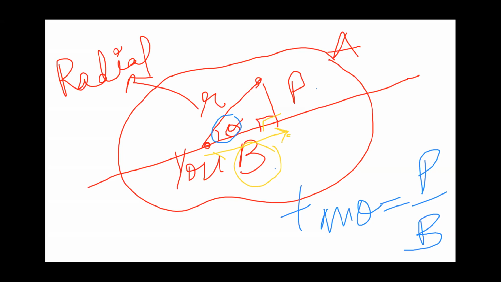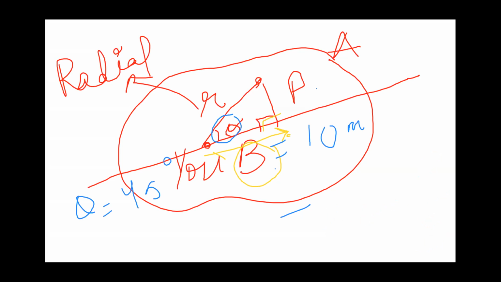Now say we traveled further and we found that b comes out to be 10 meter, and the angle theta we found was 45 degrees. So what will be tan theta? It will be tan 45 is equal to p upon 10, and tan 45 is 1.